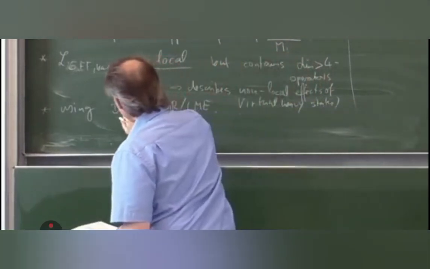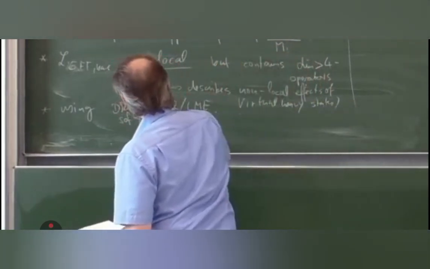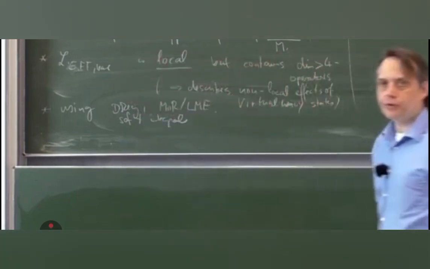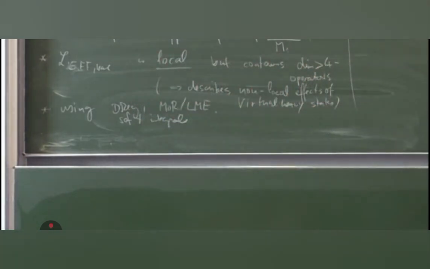Here we have on the one hand soft integrals. Soft integrals are the ones where the light lines are explicitly still contained in the loop, but the heavy lines are replaced by local vertices.